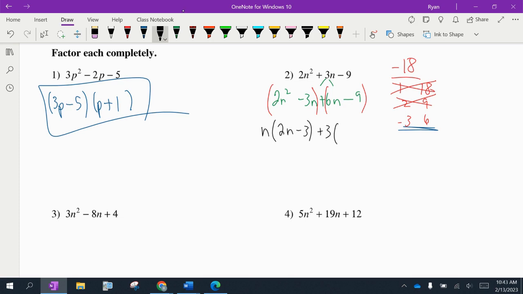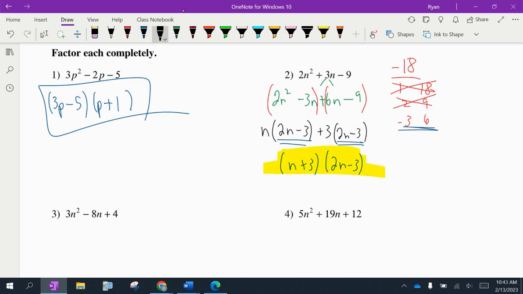It's a 3. 3 times 2n gives us the 6n. 3 times -3 gives us the -9. And if I did everything correctly, these should be exactly the same. So it's going to factor as 2n minus 3 times n plus 3. I believe this is the correct answer.